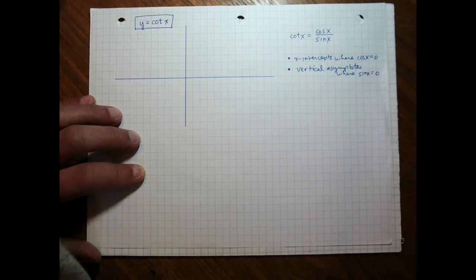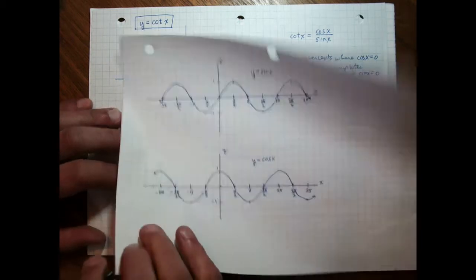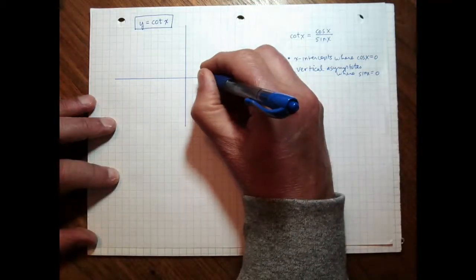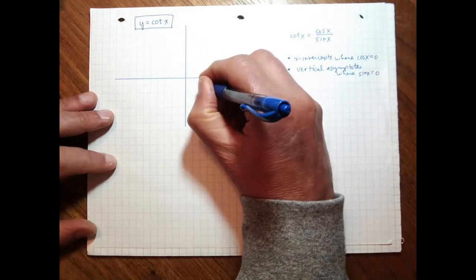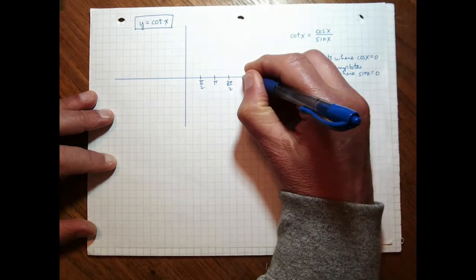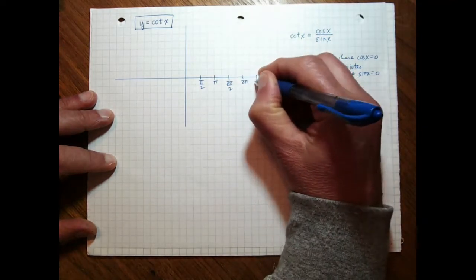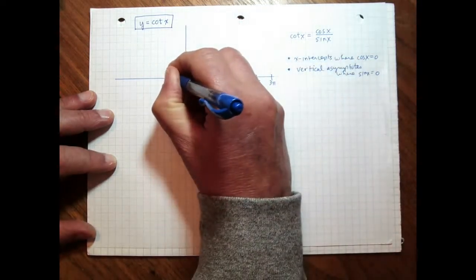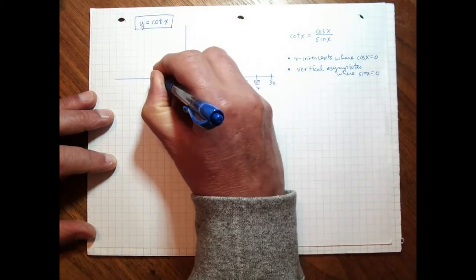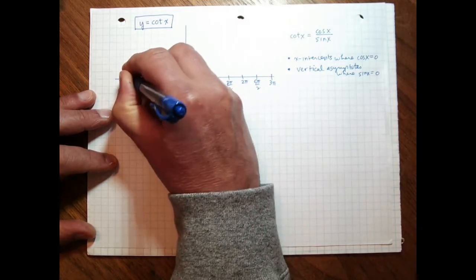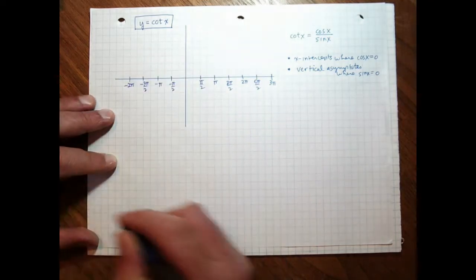Now, again, we're going to rely on our knowledge of the cosine function to help us out here. And I'm going to label my horizontal axis pi over 2, pi, 3 pi over 2, 2 pi, 5 pi over 2, 3 pi, and in the negative direction, negative 2 pi.